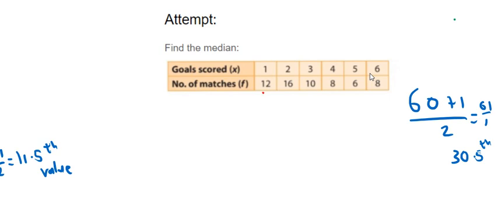So there's 12 there, and then there's another 16 twos in the list. So 12 plus 16 is 28, and you're going to keep going here until you get to your 30.5th value. So it should be pretty soon there.